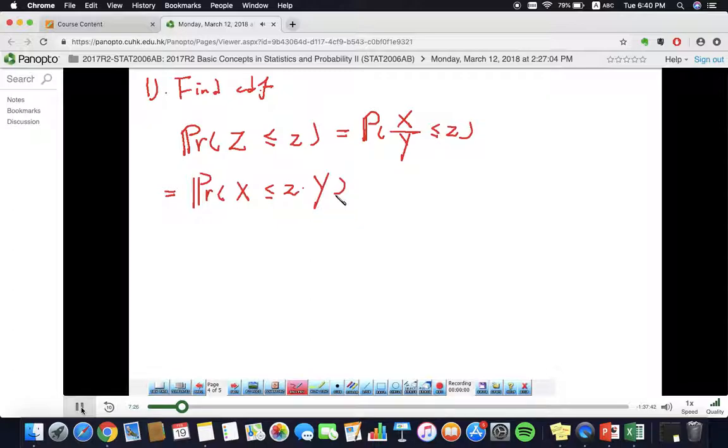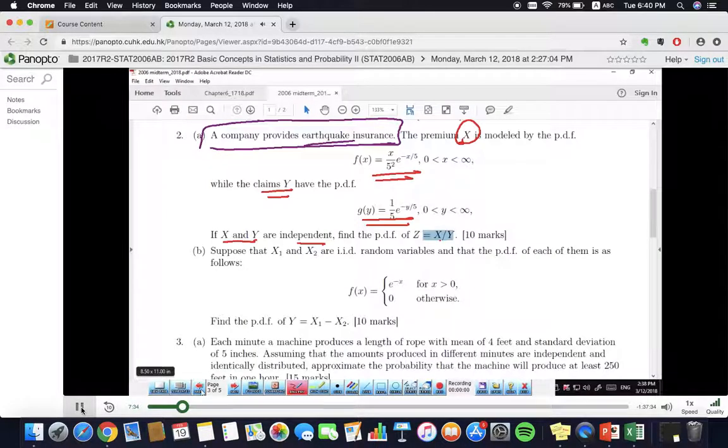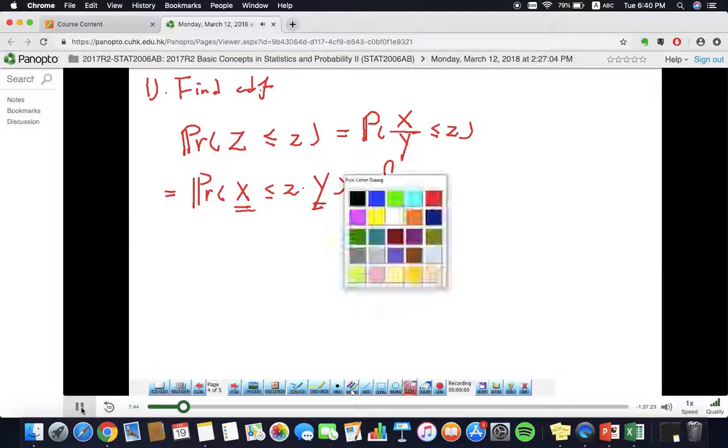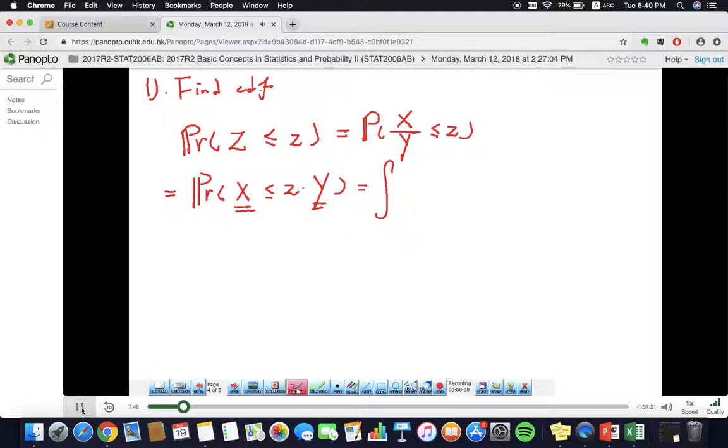We are given that X and Y are independent. So what we do is just integrate over all possibilities. First of all, the range of Y is just the positive real numbers, and X as well. According to the restrictions we are given here, X is bounded above by this. So why don't we integrate over Y first, from 0 up to infinity?